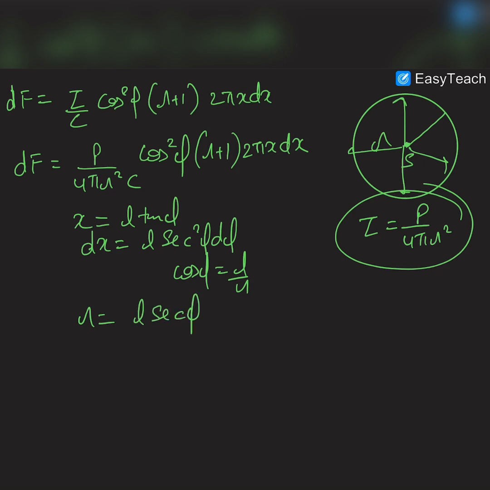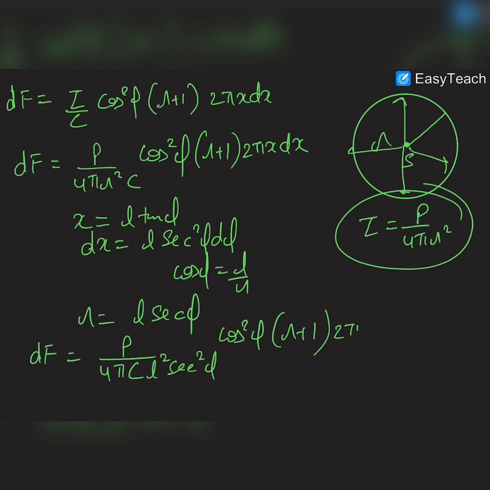So substituting these values, df will be equal to P upon 4 pi c, r square will be L square sec square phi, and in the numerator this is cos square phi into r plus 1 into 2 pi x.